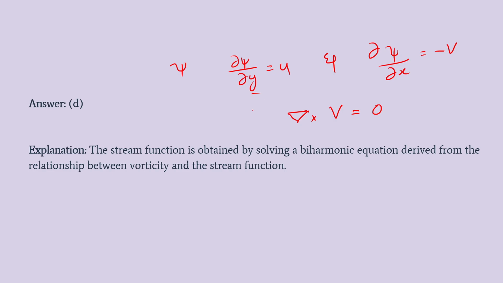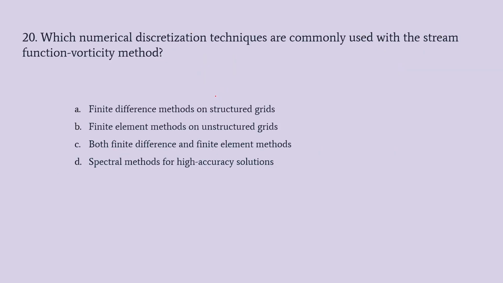So these sets of biharmonic relationships are used to solve for this stream function psi. Our option is option D. Next question.